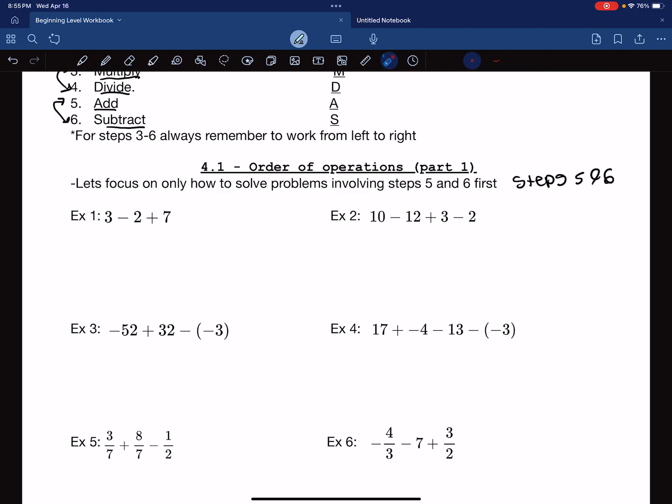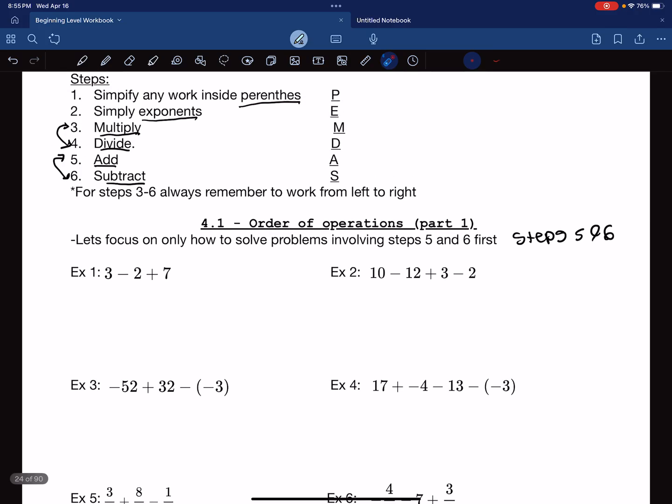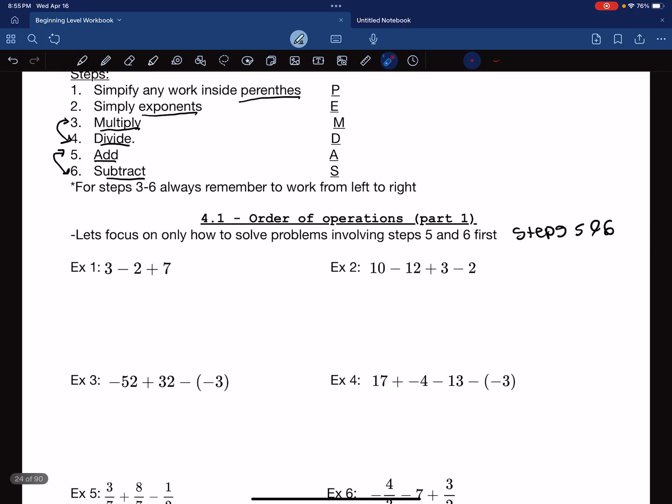So if you notice, all we're doing in these problems is adding and subtracting things. We're not multiplying or dividing things. So if you only have addition and subtraction, all you have to do is work from left to right. So first, we find out what 3 minus 2 is.